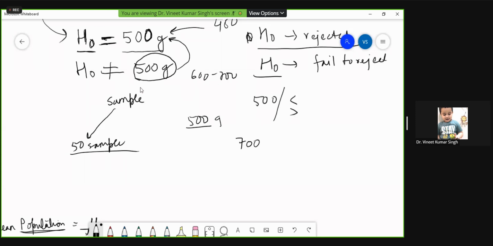Generally, what is chi-square test? Start with the chi-square test. It is basically observed minus expected, squared. Formulas you can read from anywhere, from books. Let's understand what a chi-square test is.